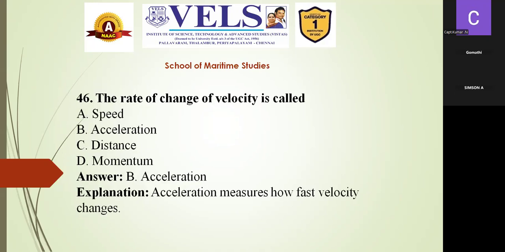Next question: the rate of change of velocity is called acceleration. The unit of acceleration is meter per second divided by second, so meter per second squared, or m s^-2.